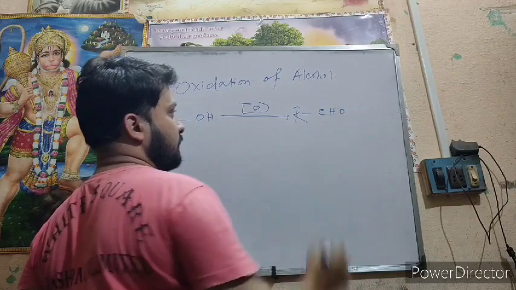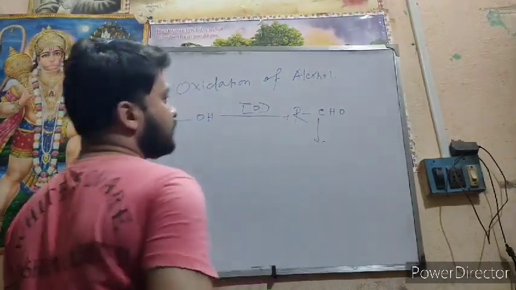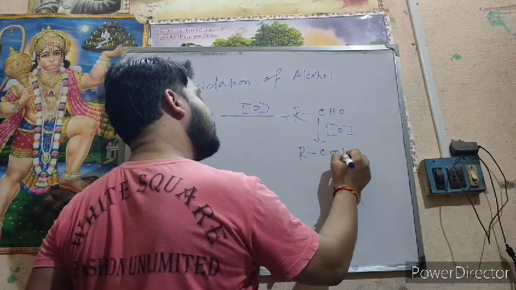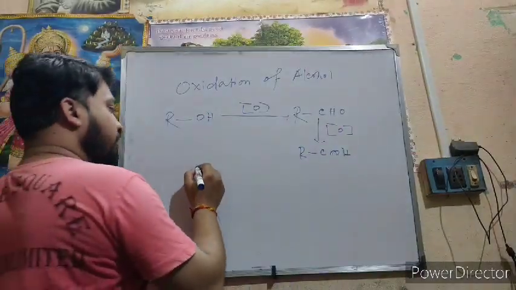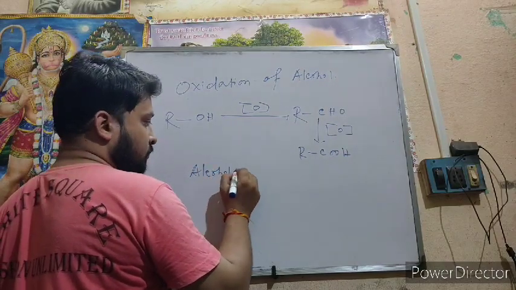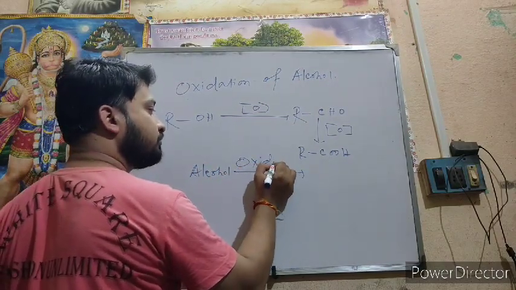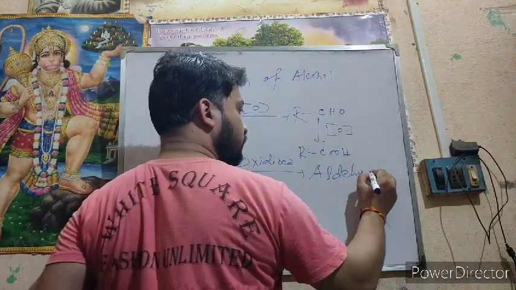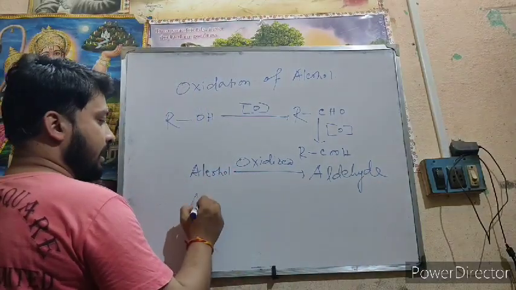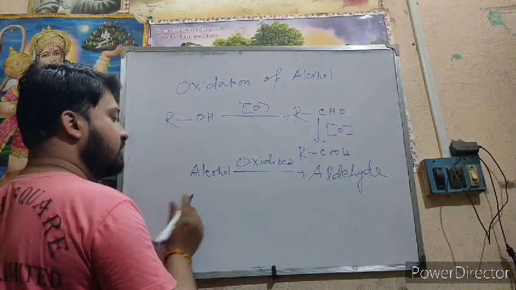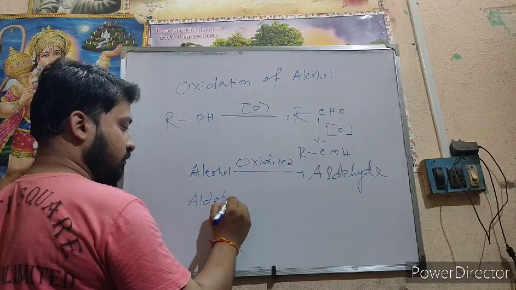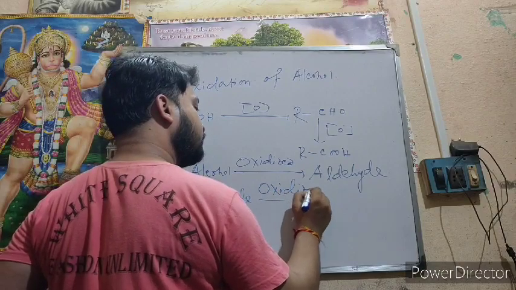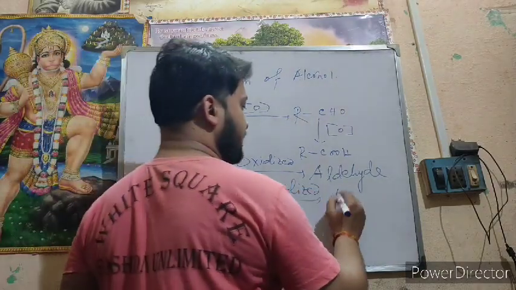You can get aldehyde, and then if you oxidize RCHO, you get RCOOH. So when alcohol is oxidized you get aldehyde, and if you oxidize the aldehyde, you get acid.